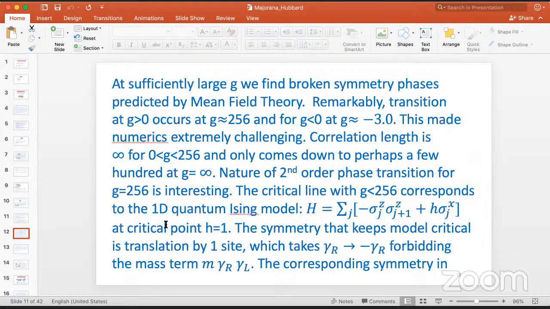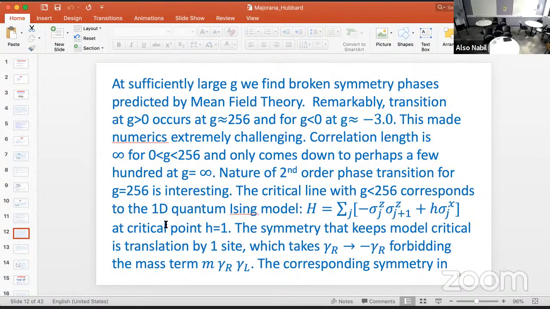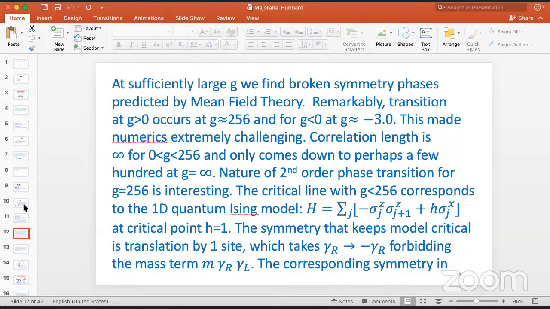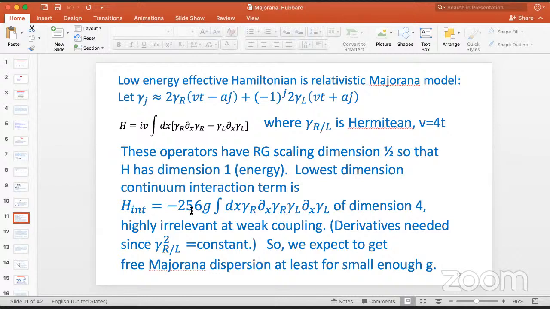Okay, next slide. Tell me when you can see it. Yes, could I also ask where the 256 comes from? Yeah, I think that just comes from the transformation from the lattice model to the continuum model.